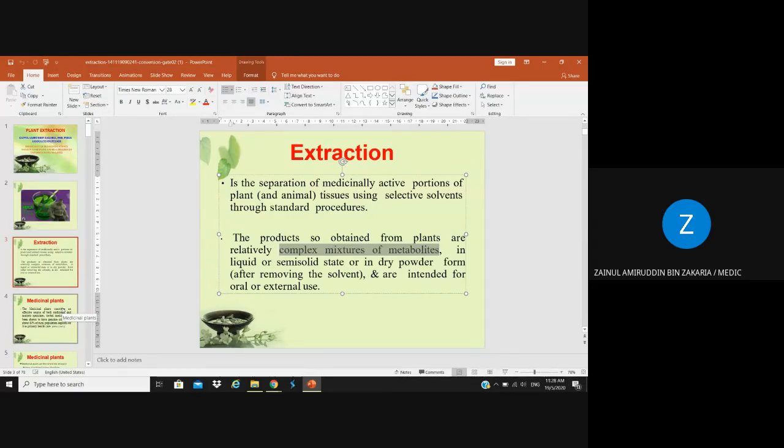Okay? Some people, for example Dr. Roslida, during her extraction most of the time she tends to use hexane, to get the lipid-soluble compounds, for her research.